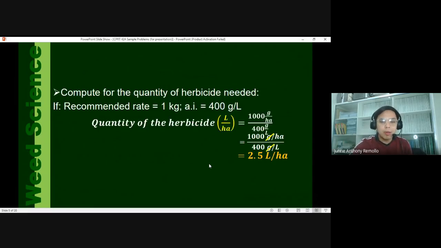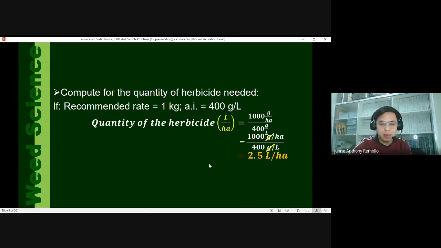So to compute for the quantity of the herbicide needed, using those formulas that I've shown earlier, given that the recommended rate is 1 kilogram and the active ingredient is 400 grams per liter. In order to facilitate the computation, we need to first convert the 1 kilogram into 1,000 grams. I hope you already know that in a kilogram, there are 1,000 grams.